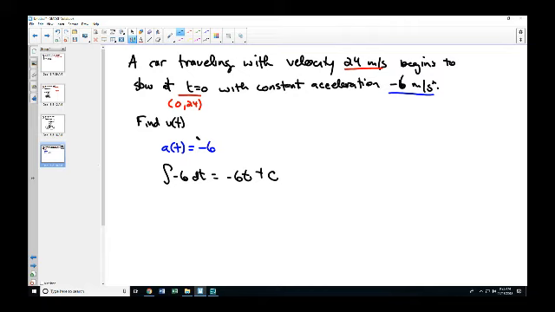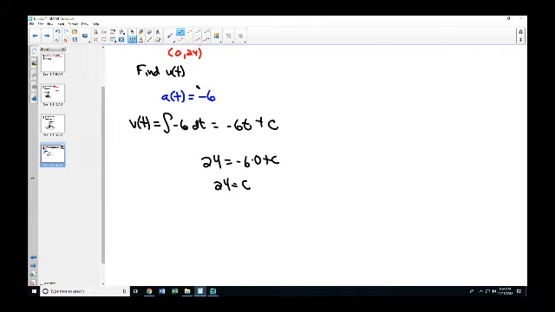Now use your initial condition, because this is the velocity function, right? You've antiderived acceleration. Now use your initial condition, plug it into the velocity function to find your constant. And there is your velocity function.